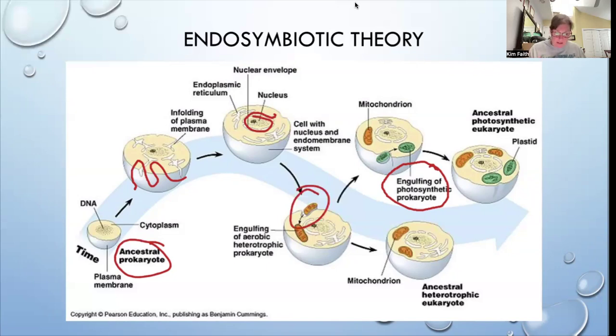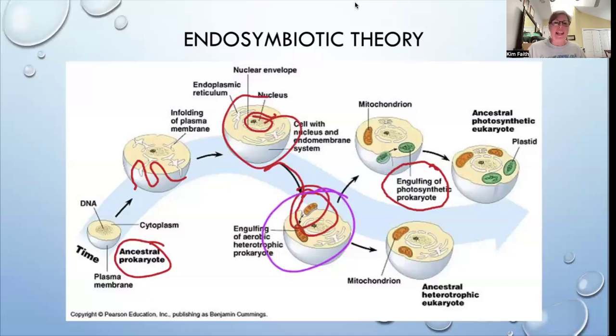We do not know if this big cell just absorbed it or took it in to eat it, or if the little guy was a parasite. Don't know, but they worked well together. The big cell could now cope with oxygen. The little one got protection and food because the big guy fed it. And then the little guy gave the big guy a lot of energy.